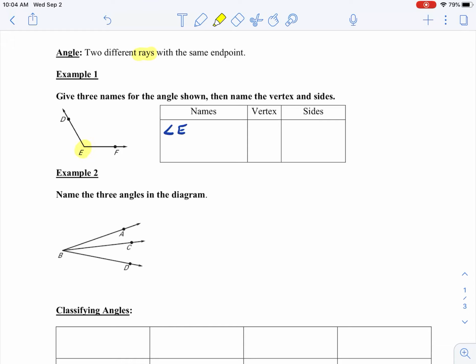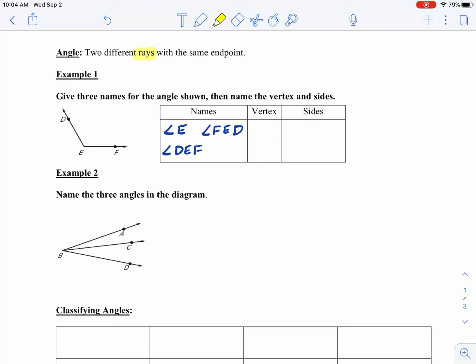The vertex is that shared endpoint, that shared initial point of the two rays. So because of that, I can name it angle E. However, there's two other ways that we can name it. One way would be angle DEF, and the last way would be angle FED.